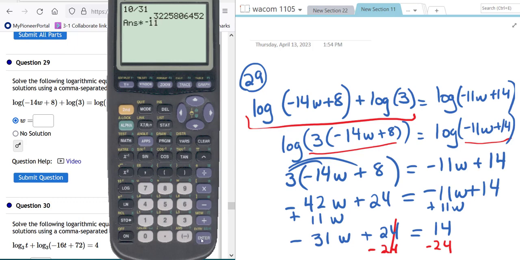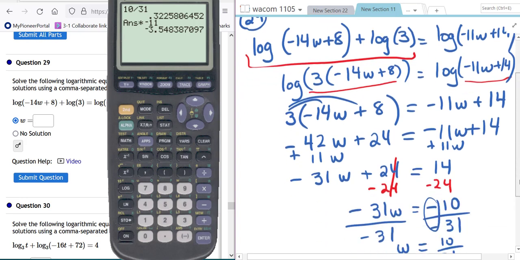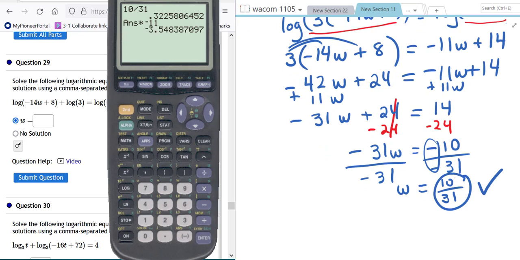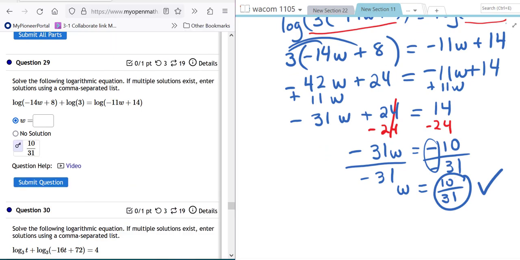That gives me negative 3.54. We're going to be okay with that one also because 14 is bigger than that, and the 14 is positive. So this one is going to be okay. We did check it, and this will be the answer. 10/31.